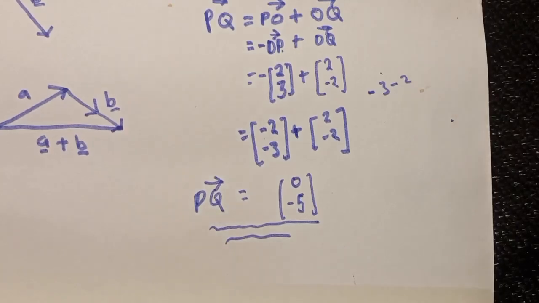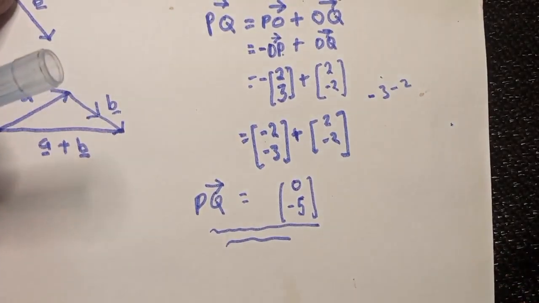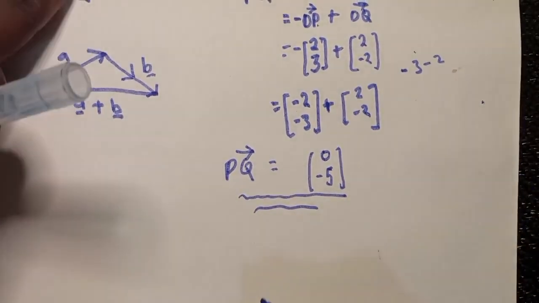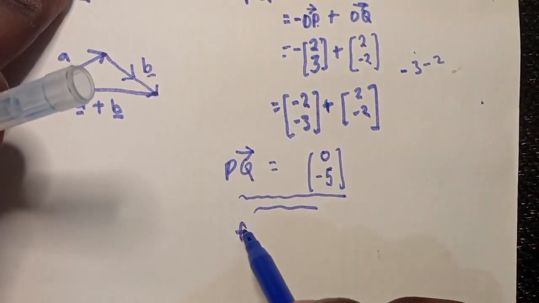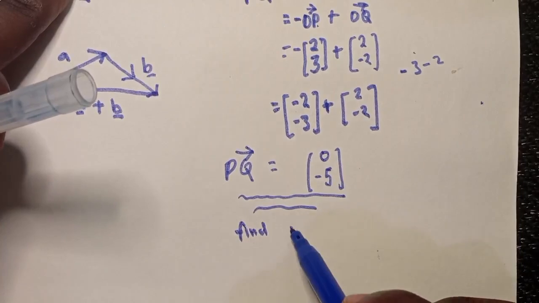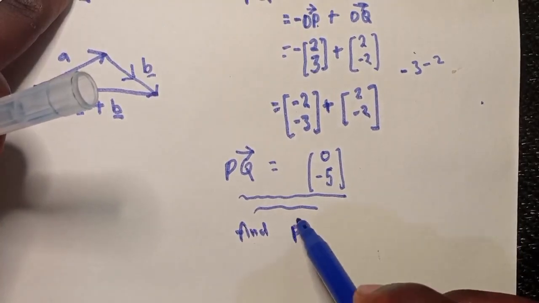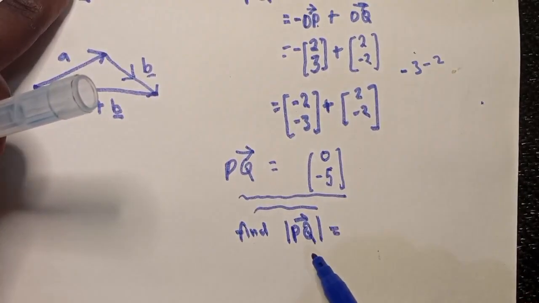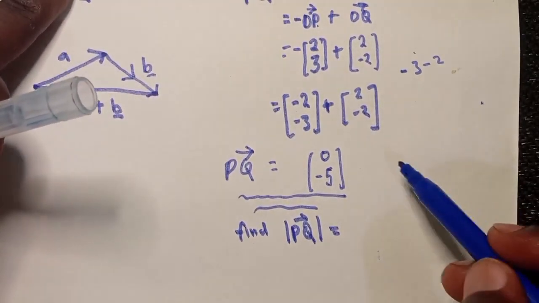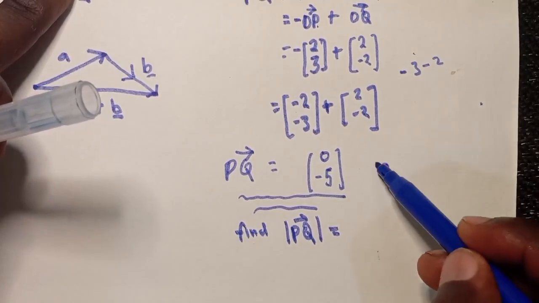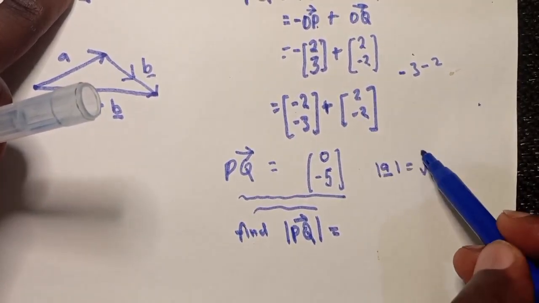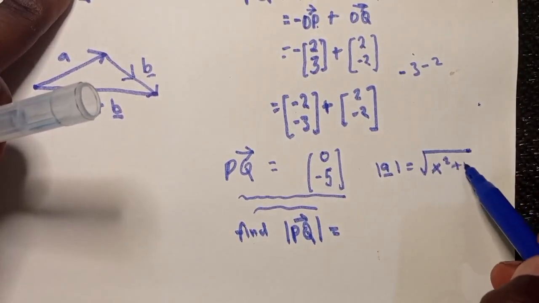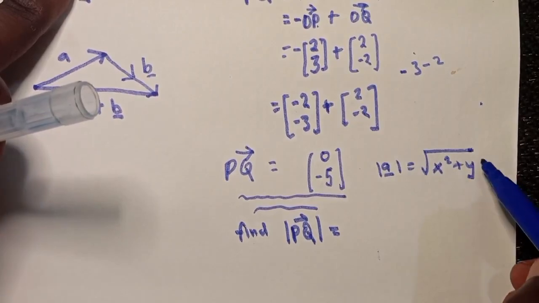Now, what if you're told to find the magnitude of this vector? Here they are not necessarily going to say the magnitude, but they can just tell you to find the modulus of vector PQ, and then they put these bars. So the formula for the magnitude of a vector, if you have a vector A and you want to find the magnitude, you need to use this formula: square root of x squared plus y squared.